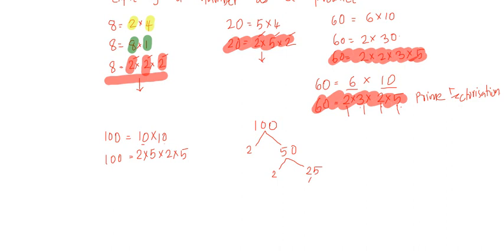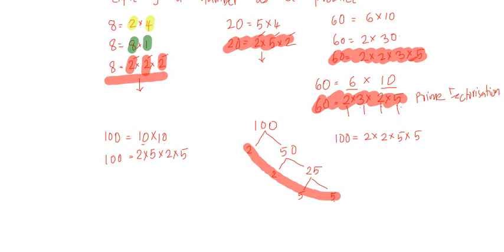In 25, 5 will go, so 5 times 5 is 25. Done. 5 cannot be factorized further. So what is 100? 100 is equal to 2 times 2 times 5 times 5.